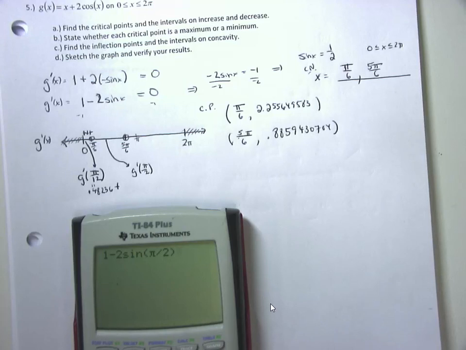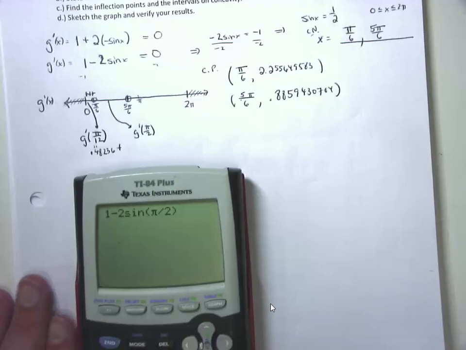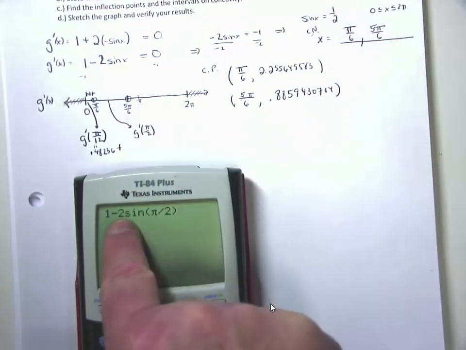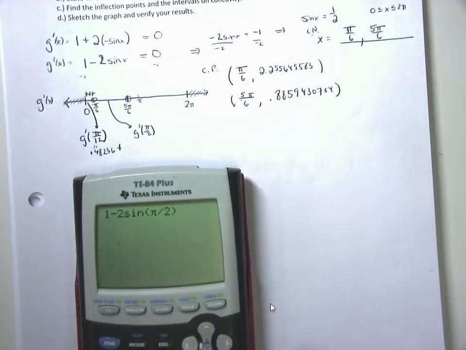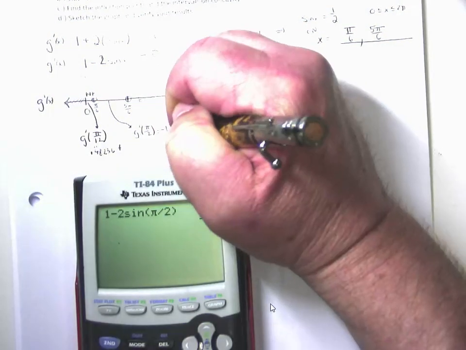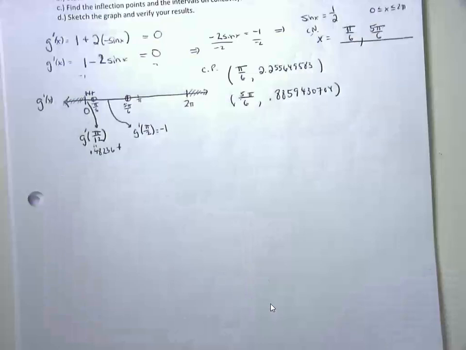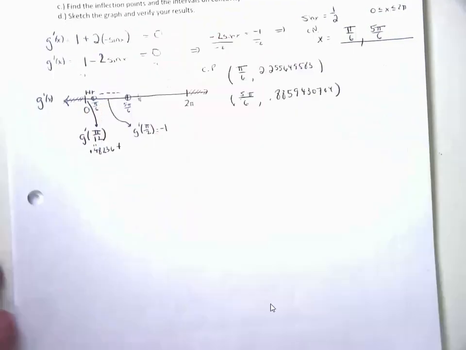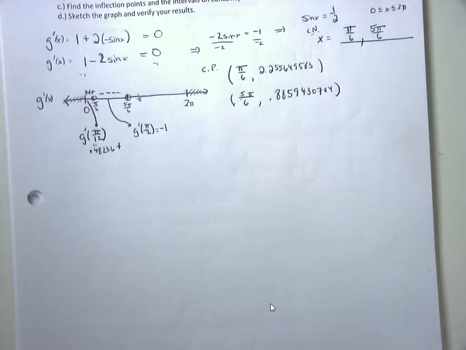Let's see if we can figure this out before using the calculator. Pi over 2 is 90 degrees. What's the sine of pi over 2? Straight up. It's 1. Times 2 makes it 2. And 1 minus 2 is negative 1. Yep, calculator's right. But I don't care what the number is. What's the sign of it? It's negative. So everybody in that interval is going to be negative.